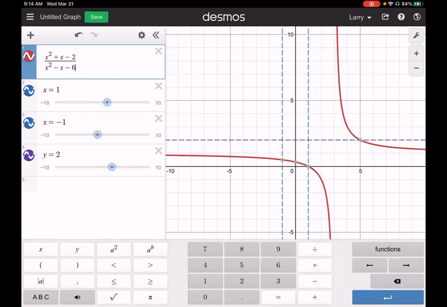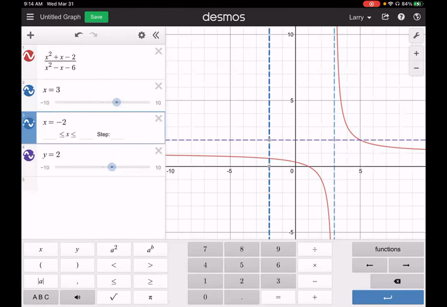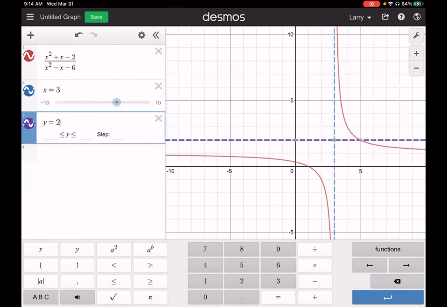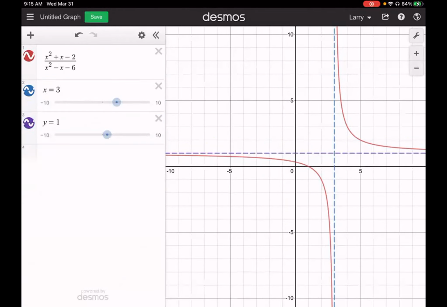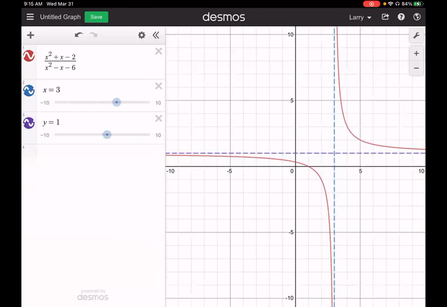So we had gotten that x equals 3 is an asymptote. x equals negative 2 was not an asymptote. That was a hole. So actually, I just want to get rid of that. I said this one was y equals 1. Okay, now those asymptotes are looking pretty good to me. As I zoom out, yeah, that's looking really good.